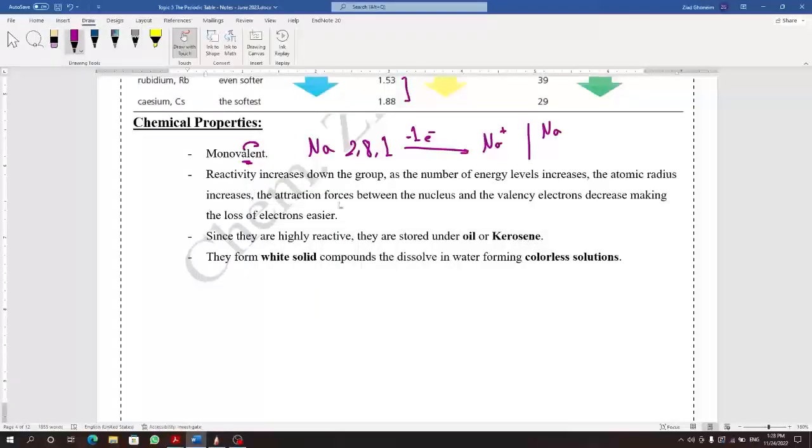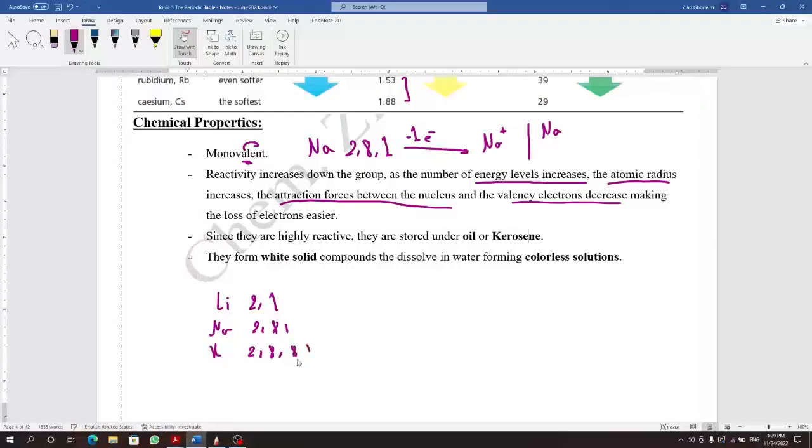Their activity increases down the group, as we've mentioned, because the number of energy levels increases. The atomic radius increases, so the attraction forces between the nucleus and the valency electrons decrease, making it easier to lose electrons. As you can see, this is lithium, 2,1, sodium, 2,8,1, potassium, 2,8,8,1.